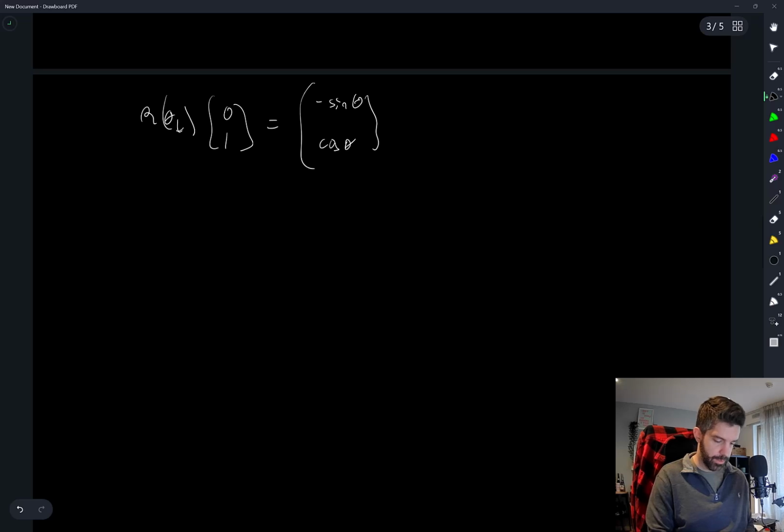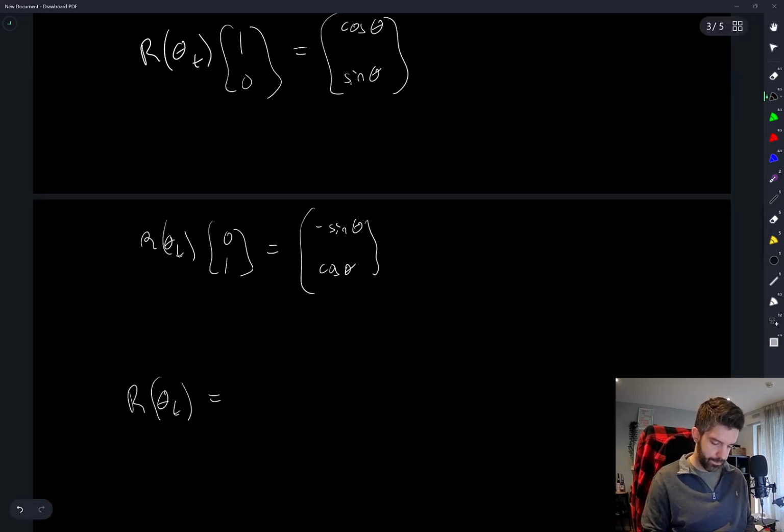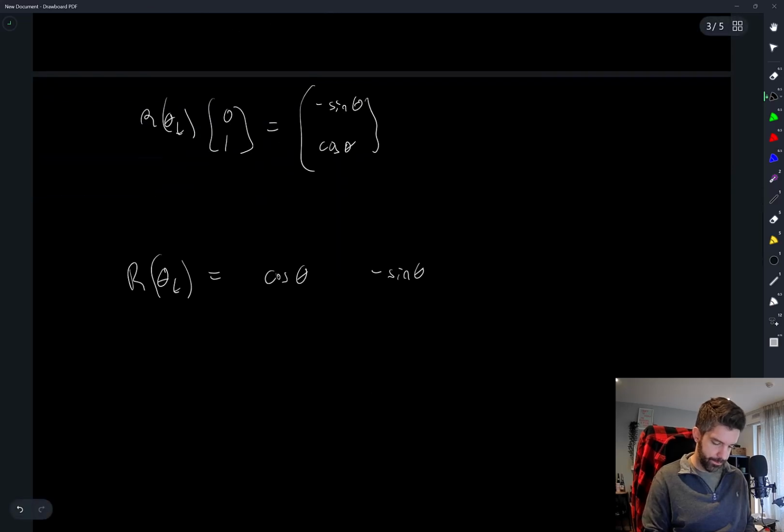Okay, so r theta is cosine theta, negative sine theta, sine theta, positive cosine theta.